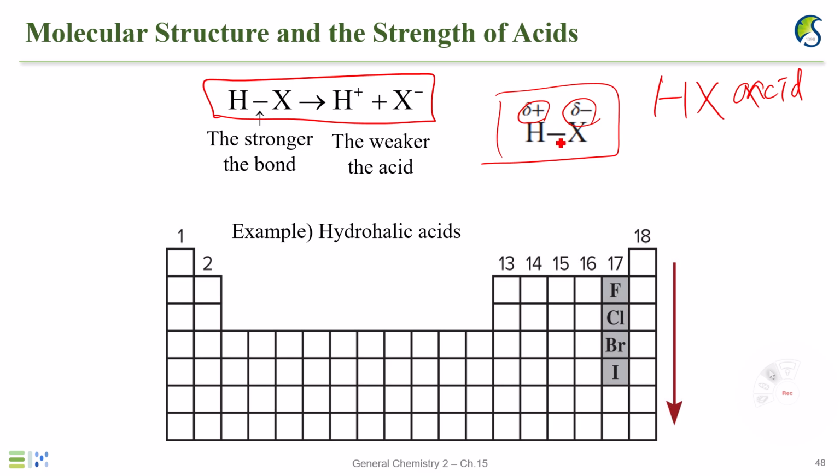The extent of this electron density asymmetry is based on the electronegativity of the X atom. If this X atom has a higher electronegativity, then the asymmetry becomes larger, and if the X has a lower electronegativity, then the asymmetry becomes smaller.